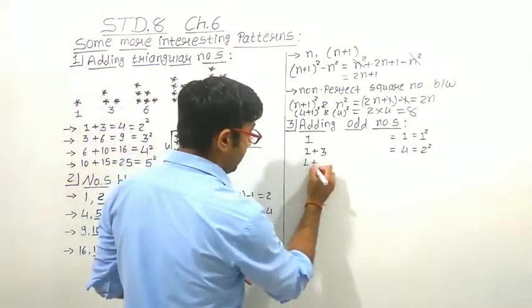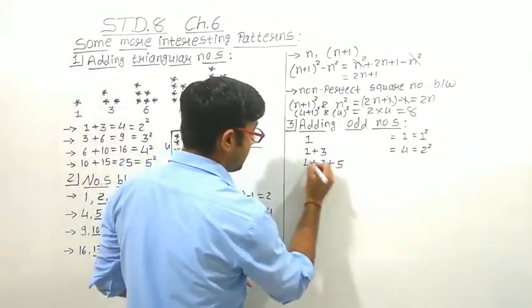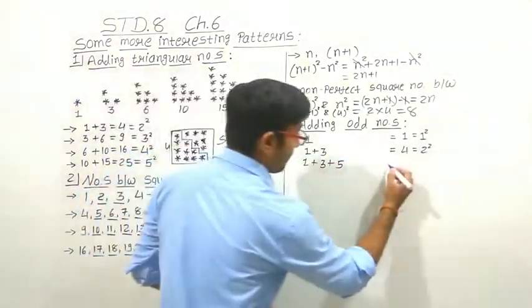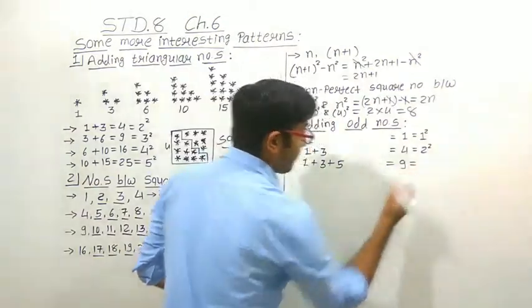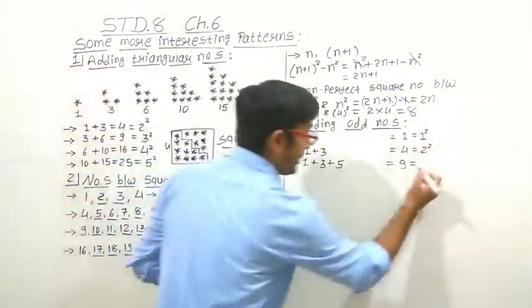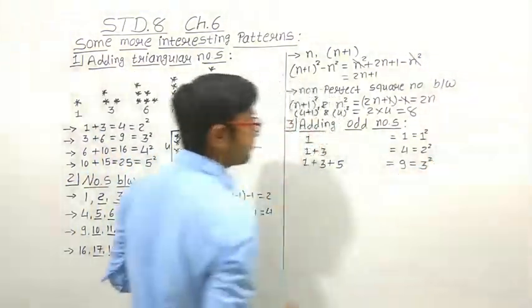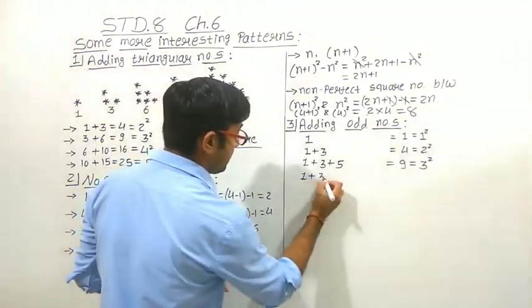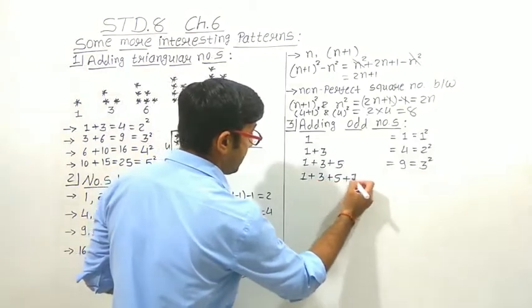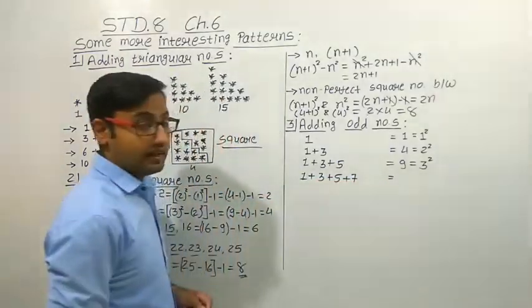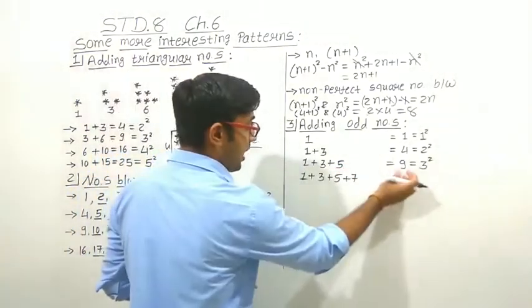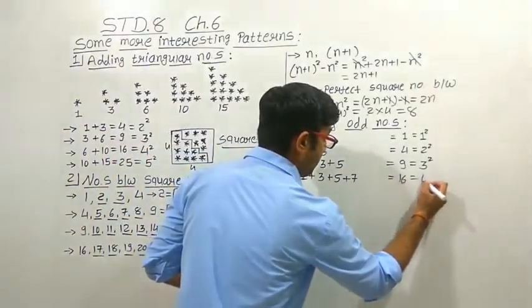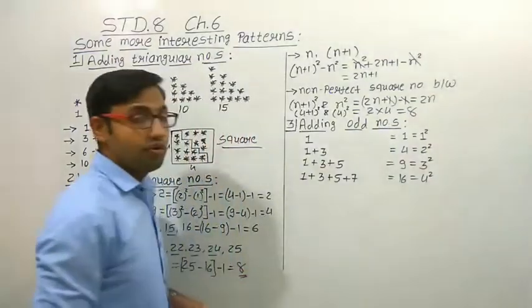Now add the first three odd numbers, that is 1 plus 3 plus 5, we get 4 plus 5, 9, and 9 is a perfect square number of which? 3 square. Now again add one more odd number, 1 plus 3 plus 5 plus 7, here the addition so far is 9, and 9 plus 7 is 16. 16 is a perfect square number of 4, so we can write 4 square.